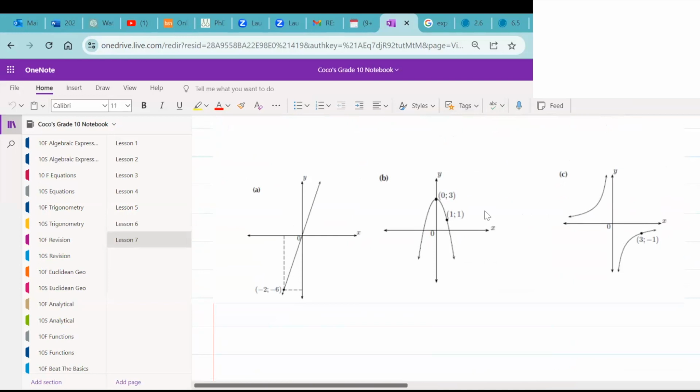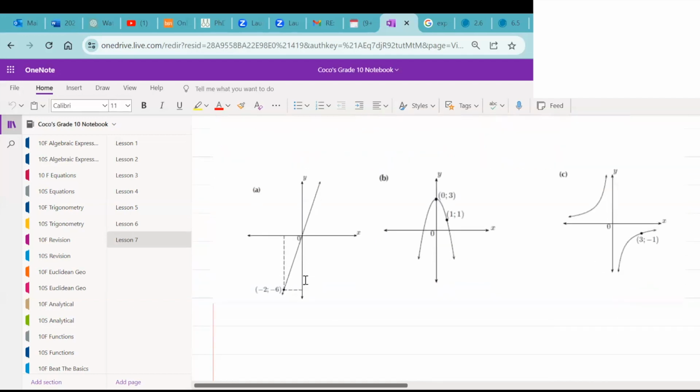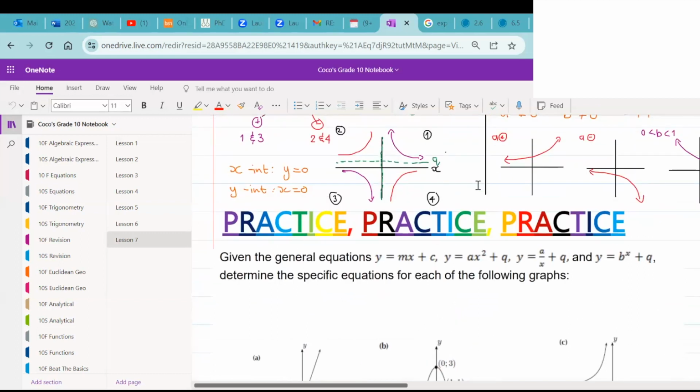Okay, the gradient is 3, and then you also have to determine the x-intercept. But you really don't have to. I think you just determine C in this case. You can use any of the points to get C. Remember, 3 is M, so that will be 3x. So what would be the equation of the graph for A?